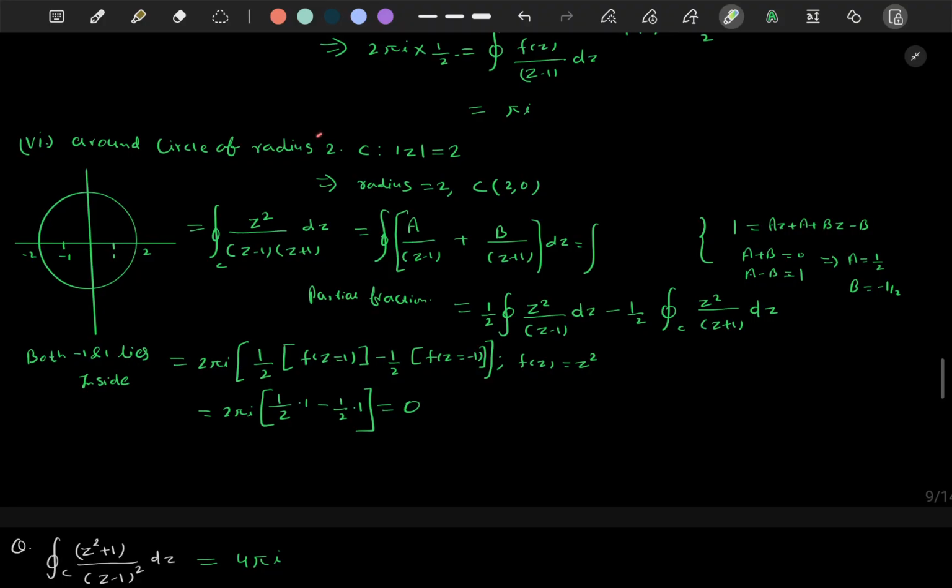Now suppose the radius is 2 and the center is 0 comma 0, or two comma 0.